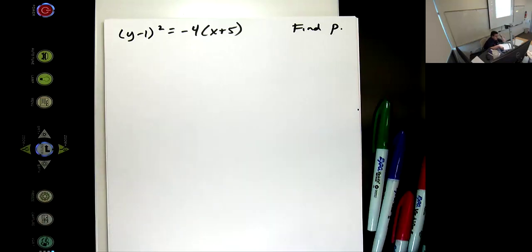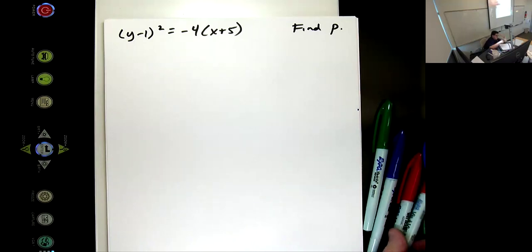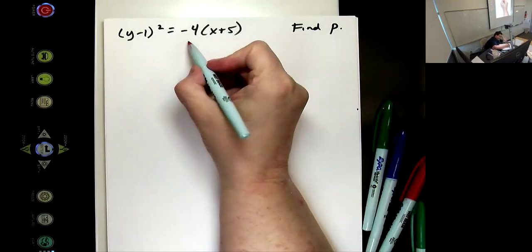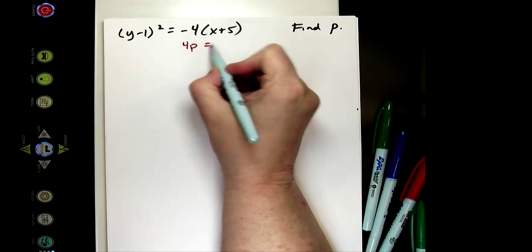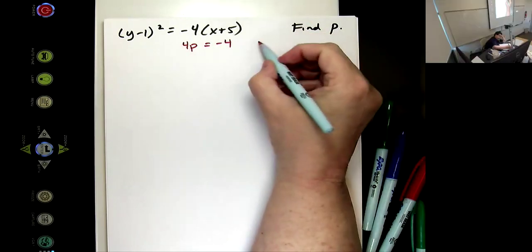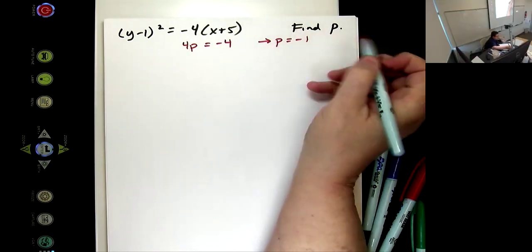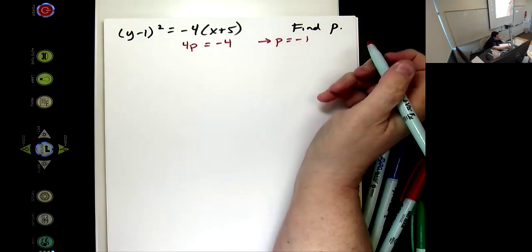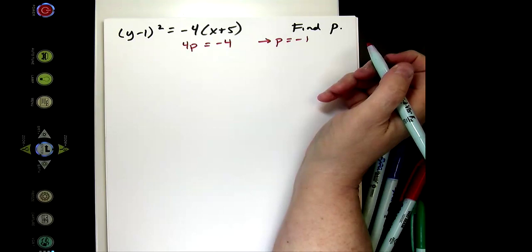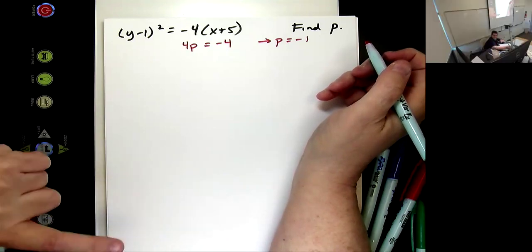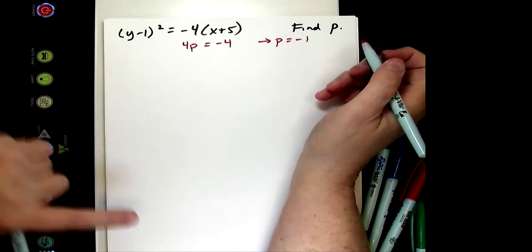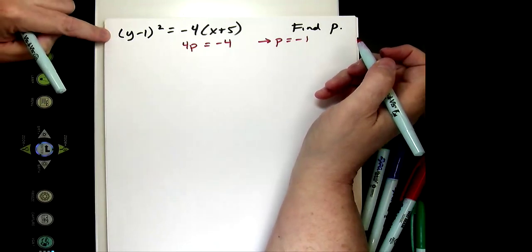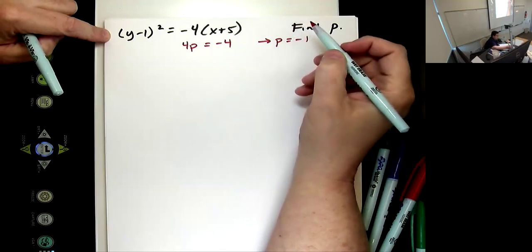Any ideas? We're going to set this as 4P. So P equals -1. What does the negative mean? That it's going down, or in this case, not down, because here the y is squared. So we're either opening left or right.